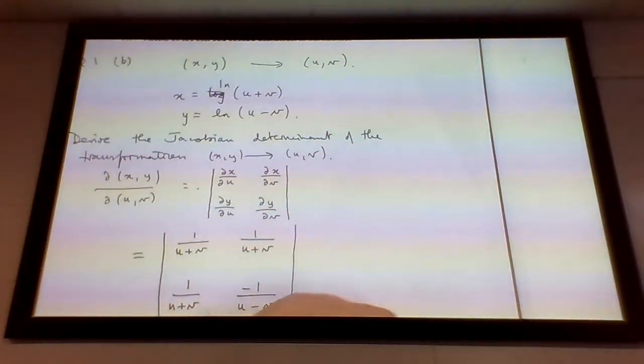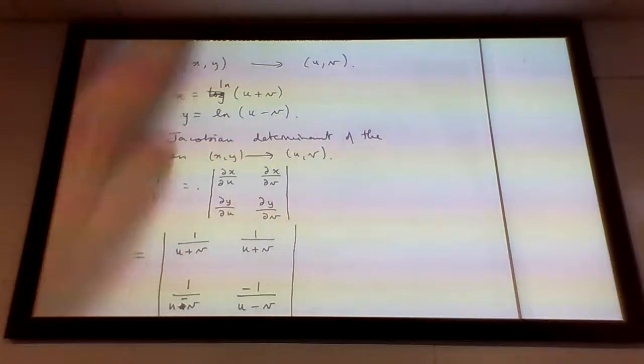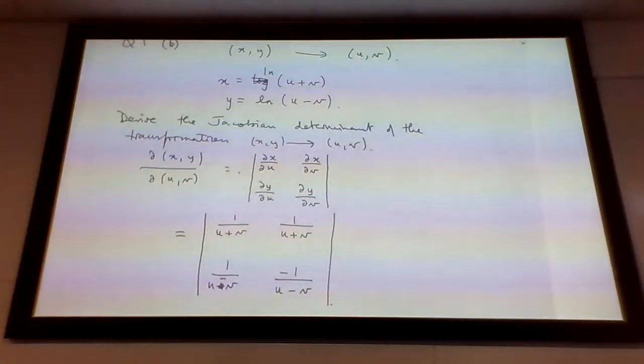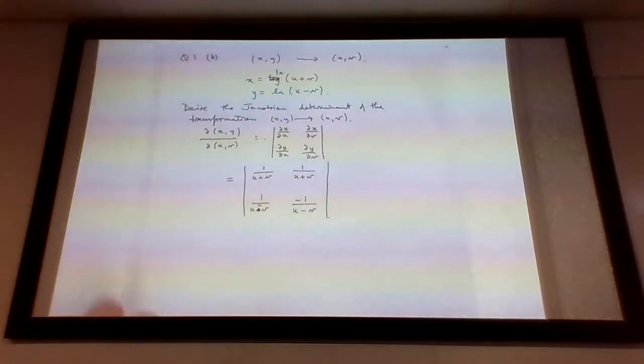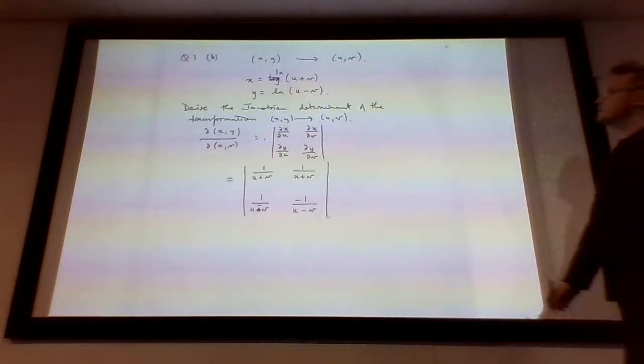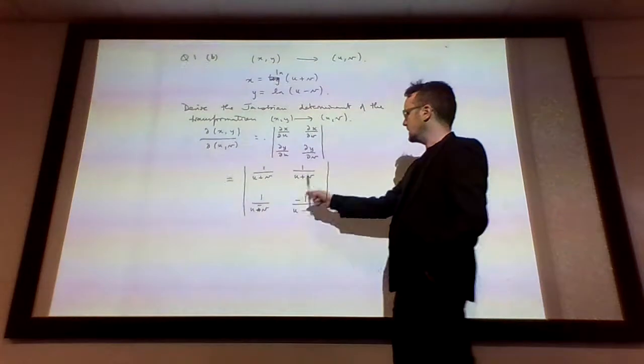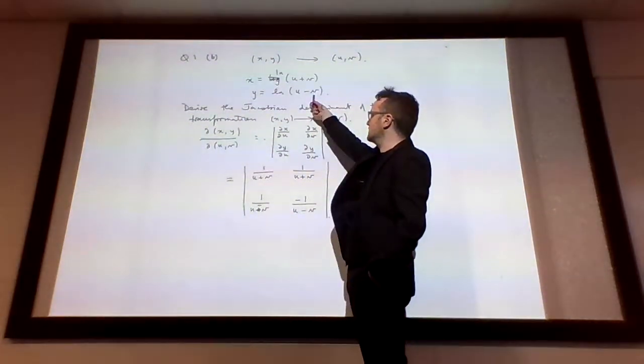Sorry, excuse me, ∂y/∂u would be 1 over u minus v. So you just get the extra minus sign there when we're differentiating with respect to v.